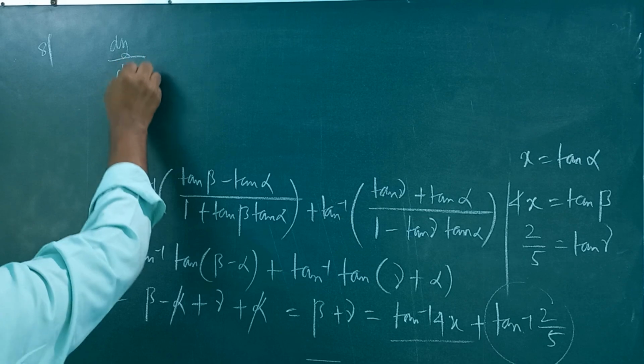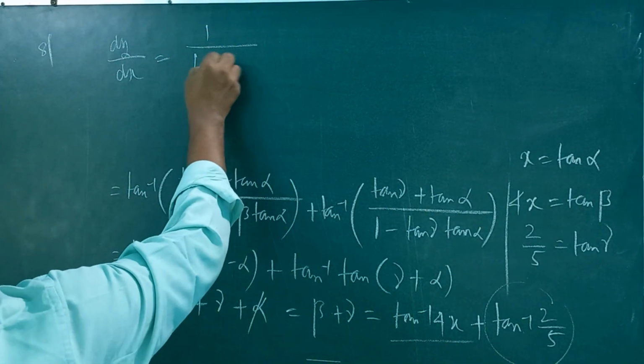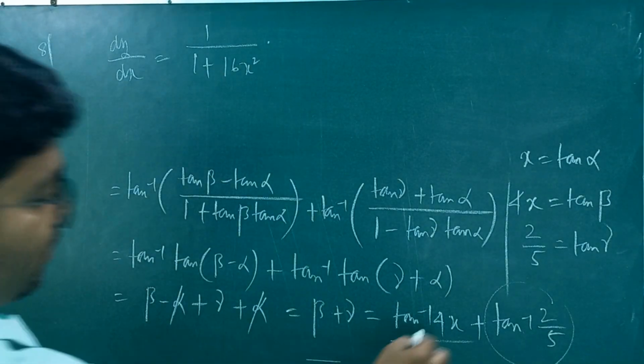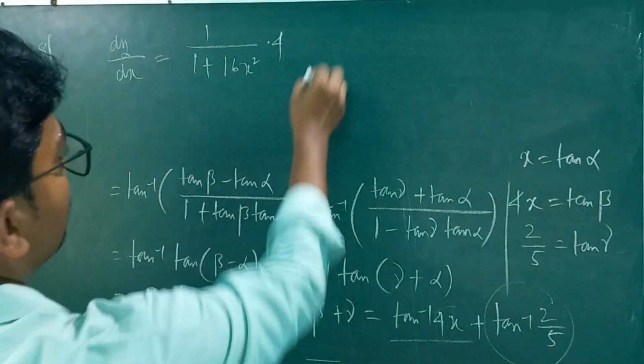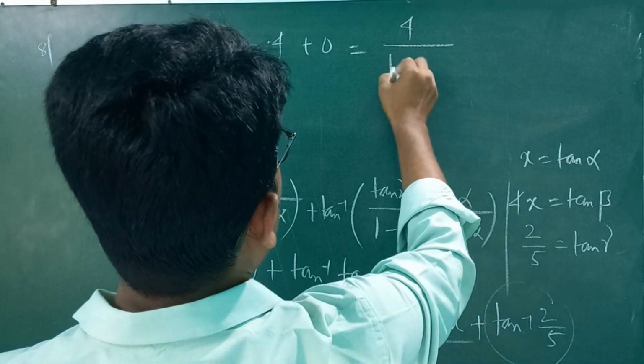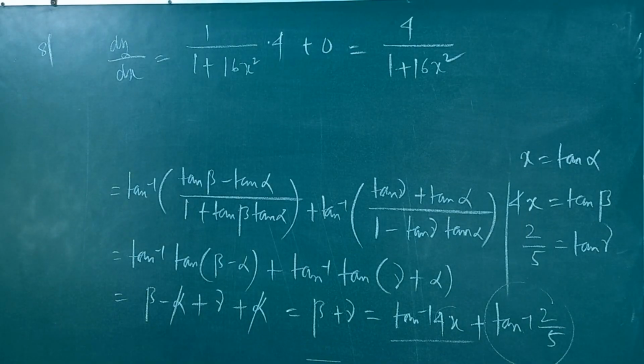Our derivative of tan inverse of 4x is 1 by (1 plus 16x square), times the derivative of 4x, which is only 4. So 4 by (1 plus 16x square). This is our result.